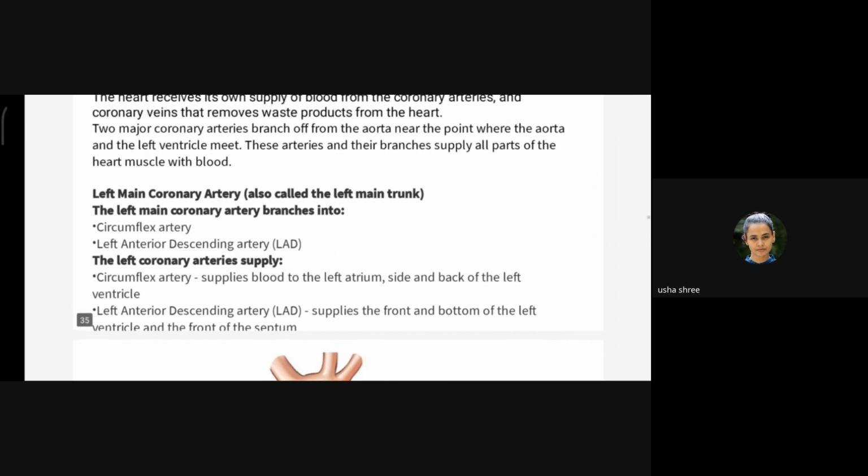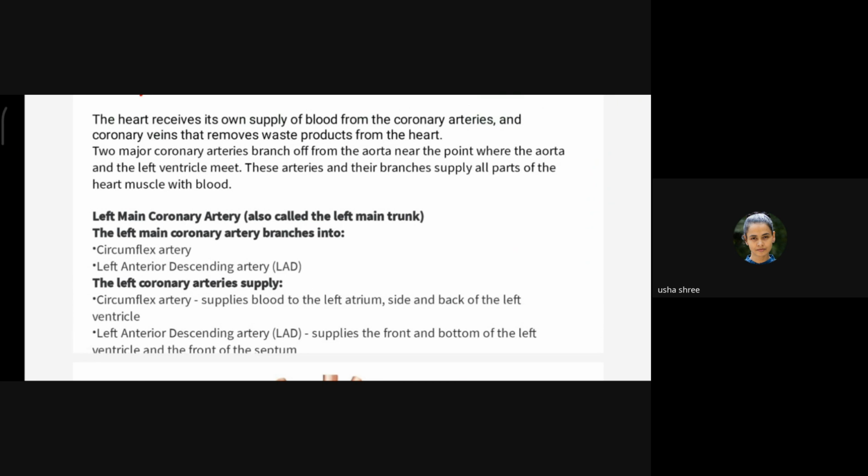Actually, the coronary artery is branched into two. First, the left main coronary artery is branched into the circumflex artery and the left anterior descending artery. Now, this circumflex artery supplies blood to the left atrium and the side and back of the left ventricle.